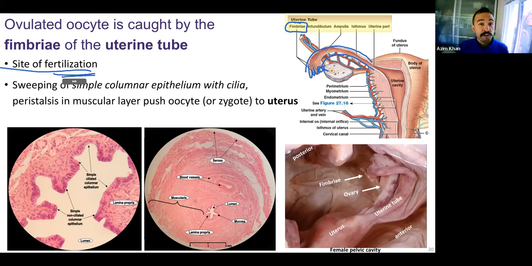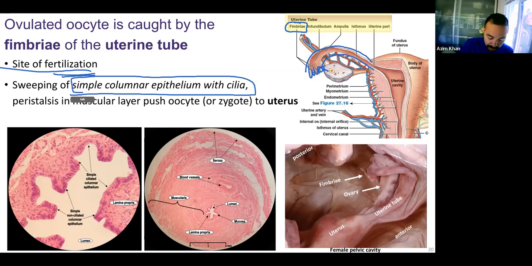Fertilization does not occur in the uterus. Implantation does. Fertilization occurs in the uterine tube. What should happen next is that the oocyte is supposed to be swept to the uterus, because that's where implantation occurs. So sweeping occurs thanks to simple columnar epithelium with cilia. You see this in this histology, tiny little cilia on the apical side.